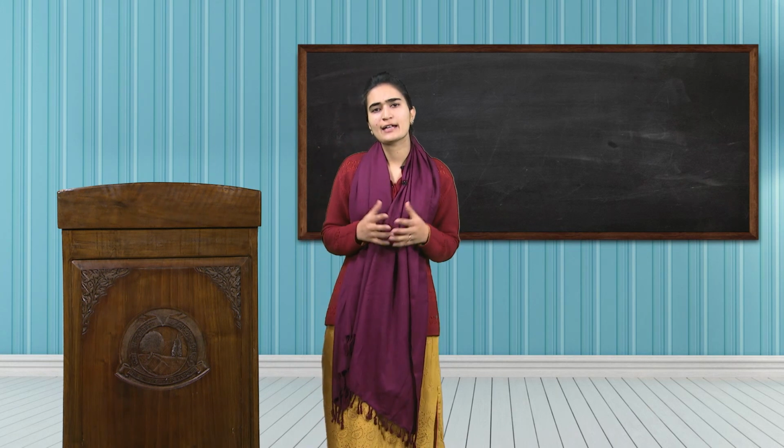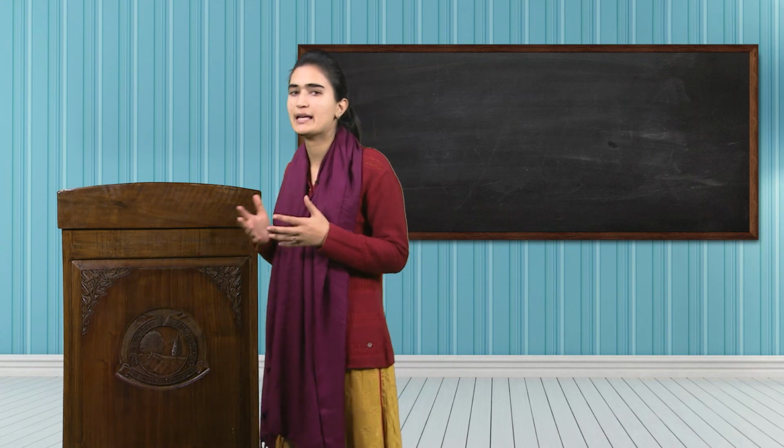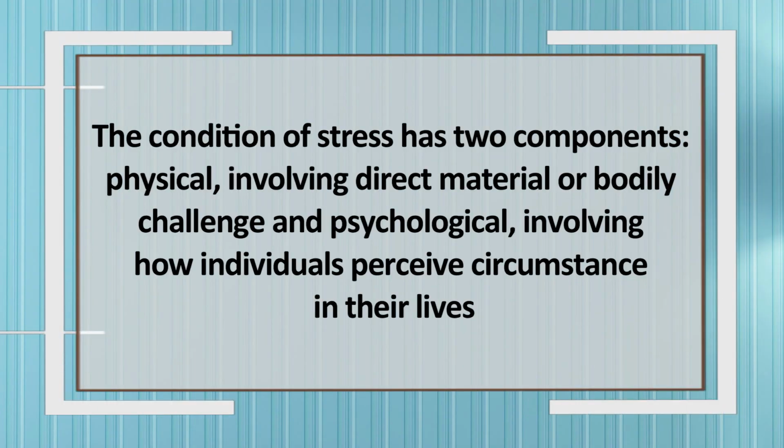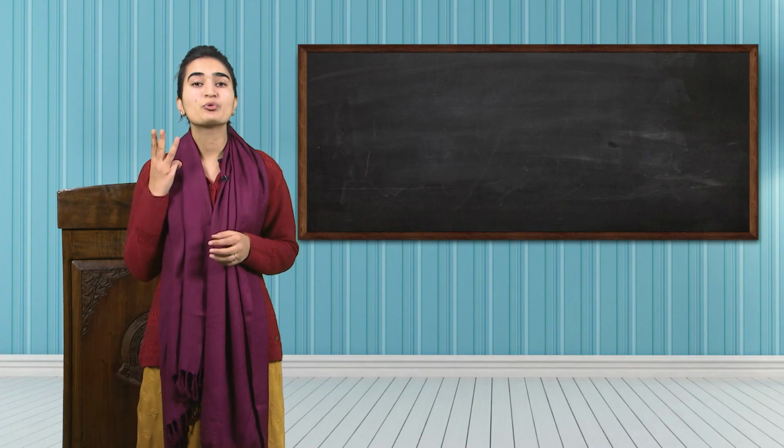Let us see how psychologists have conceptualized stress and what the prevailing definition is today. The condition of stress has two components: physical, involving direct material or bodily challenge, and psychological, involving how individuals perceive circumstances in their lives. These components can be examined in three ways.